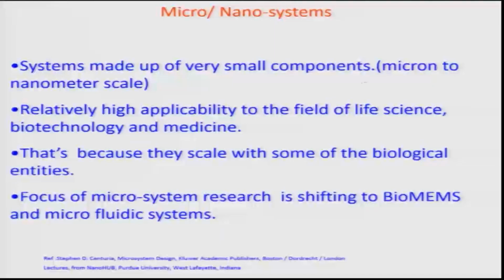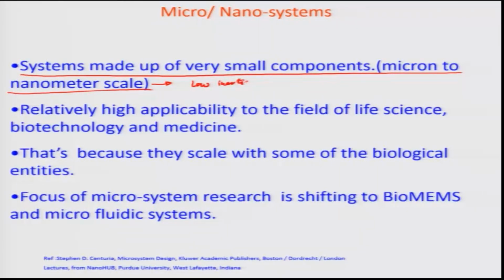When we talk about micro and nano systems, typically they are systems made up of very small components, mostly micron to nanometer scale. Such systems find very good applications primarily because they have an overall low inertia and mass, and also some very interesting properties, for example quick heat transfer, as well as the prominence of surface area, and very peculiar characteristics when we talk about fluid flows at such scales.